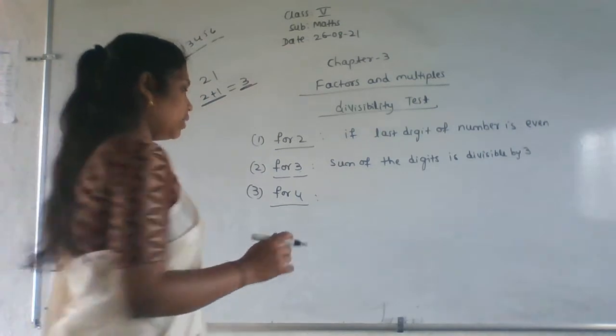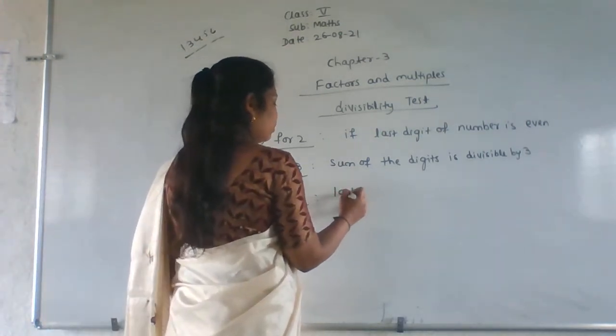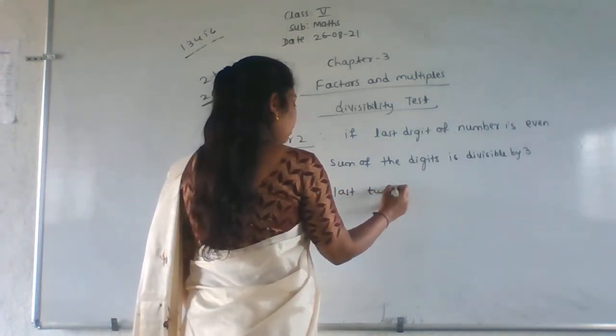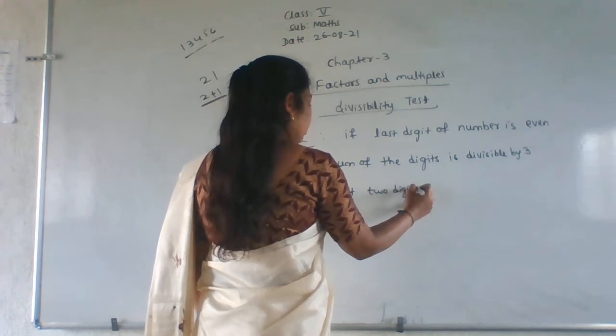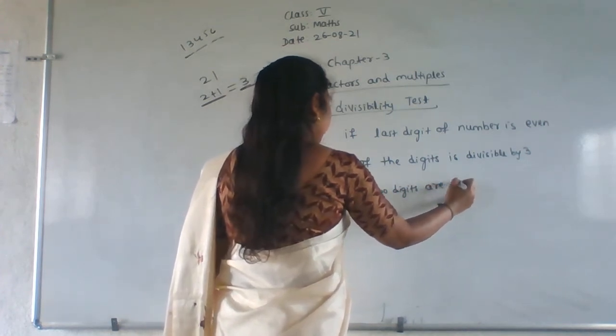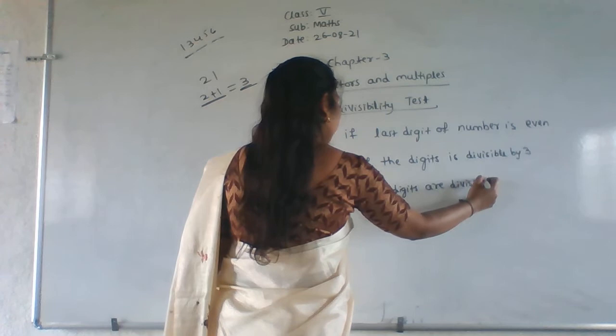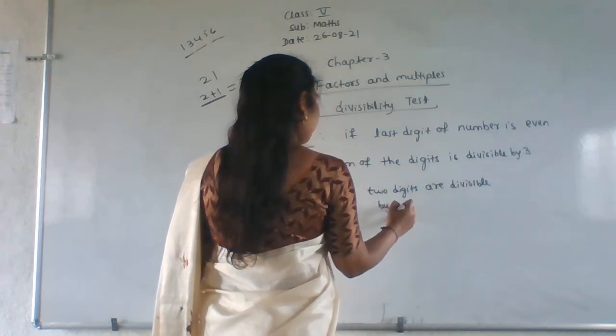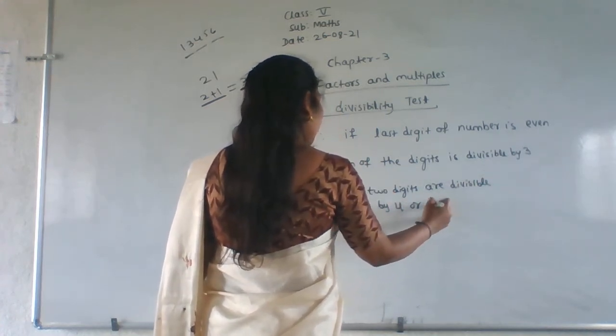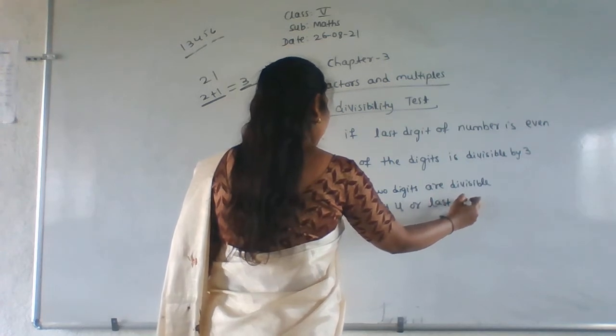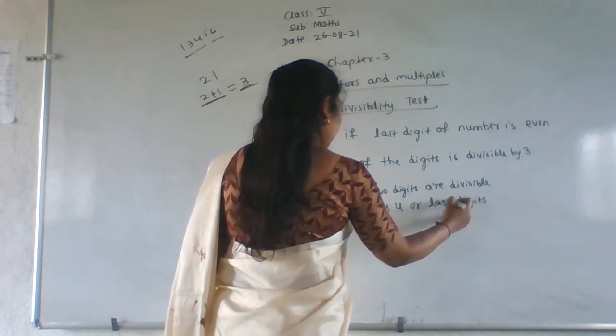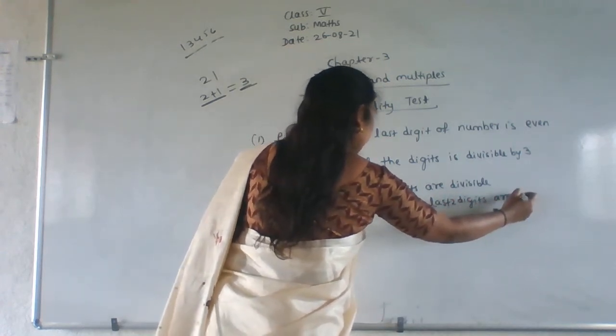Okay, see here, last 2 digits are divisible by 4 or last 2 digits are 00.